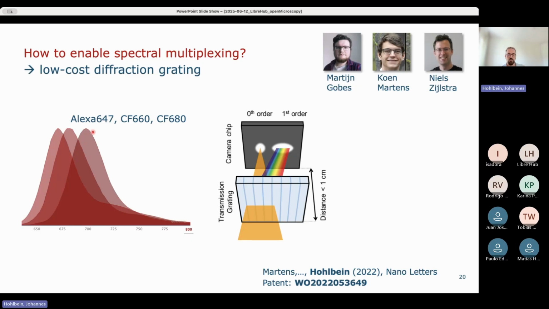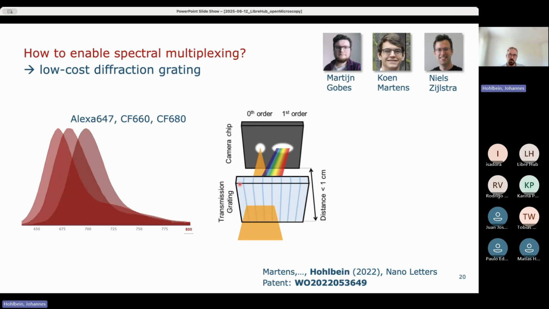So what did we do? We came up with an idea where we took a relatively cheap transmission grating, and instead of putting it very far away from the camera, we put it as close as we possibly could directly in front of the camera. Normally we see just a single dot, that's the zeroth order.